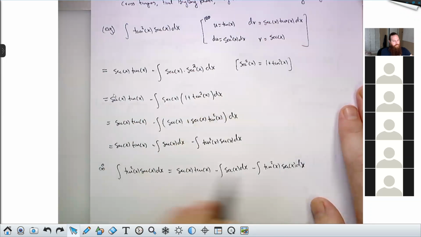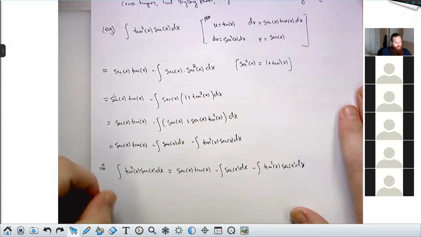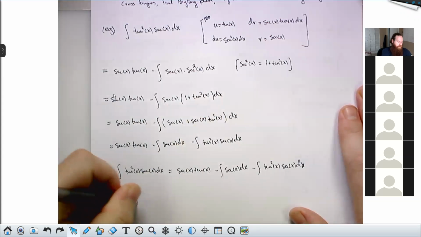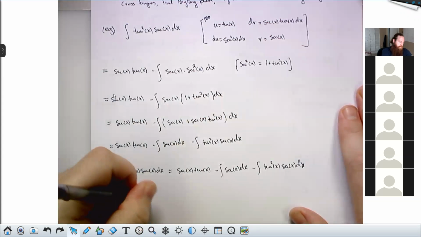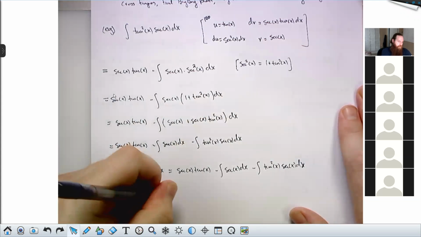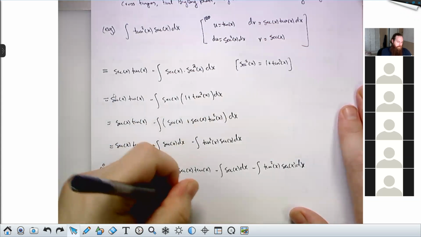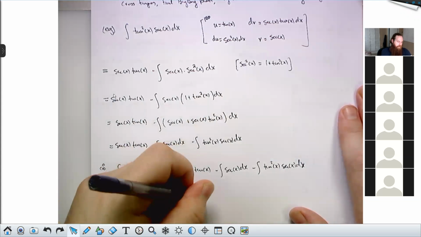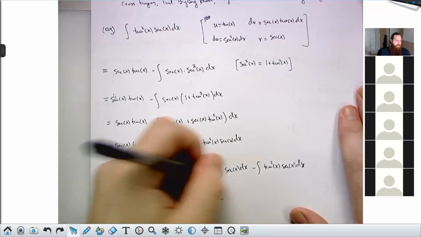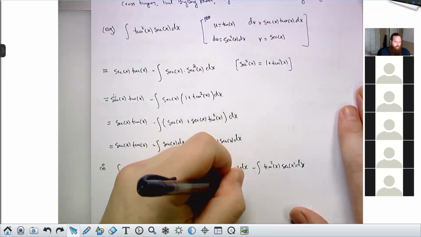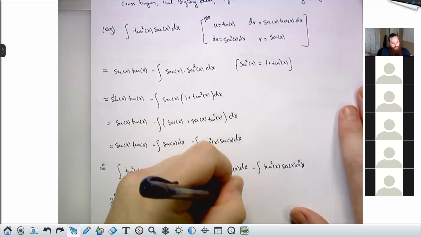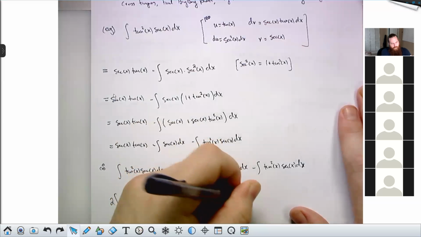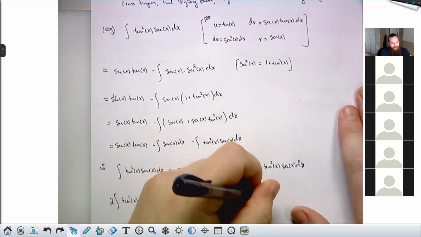And if I add this over, I'll get 2 times the integral of tan squared x secant x dx equals secant x tangent x minus this guy is the natural log of secant x plus tangent x.